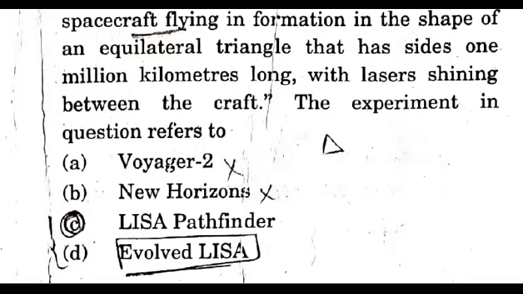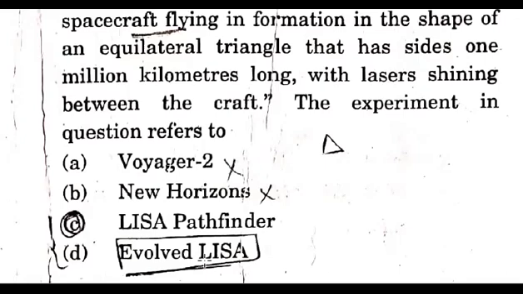So LISA Pathfinder, as you know, is basically a pathfinder technology. It is an antenna technology. This was designed by ESA, and in 2015 it was launched. The mission tested the gravitational wave observatories.